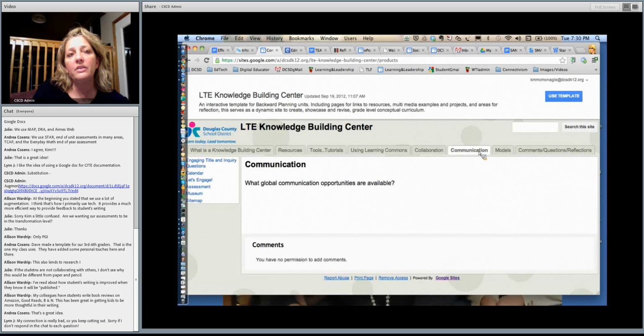Again, that idea that if we're going to get to transformation, we're going to have to take this learning beyond the student giving their work to just the teacher. Where are the opportunities for the learners to expand their thinking globally? Are they able to connect with experts?